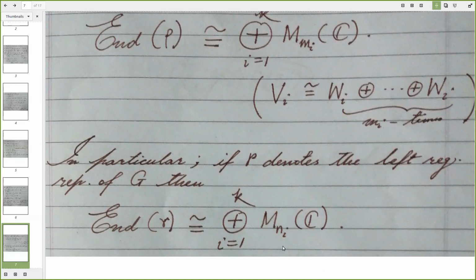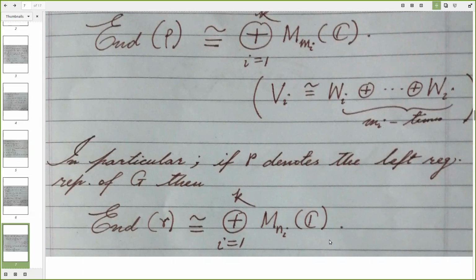This is because we know that in the left regular representation, every irreducible representation rho i occurs n_i times, where n_i is the dimension of rho i. So thus we get the decomposition of the ring of endomorphisms of the left regular representation.